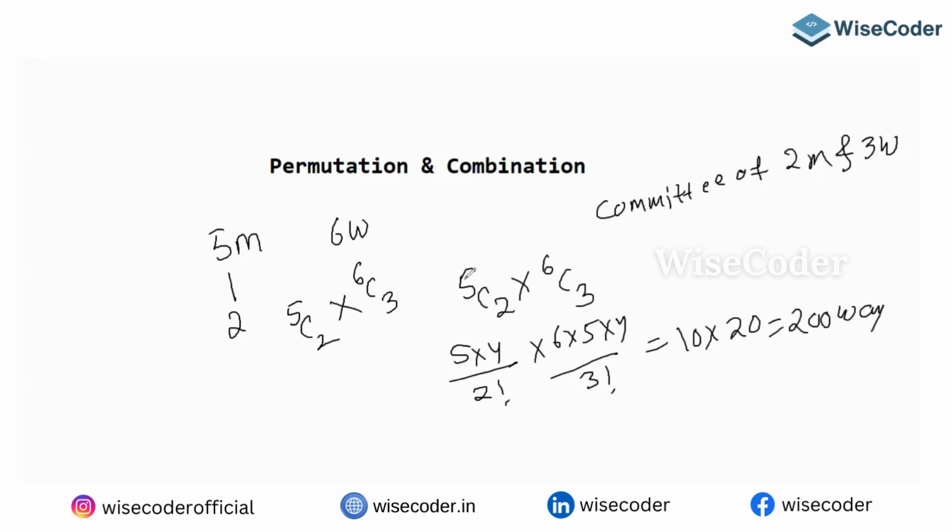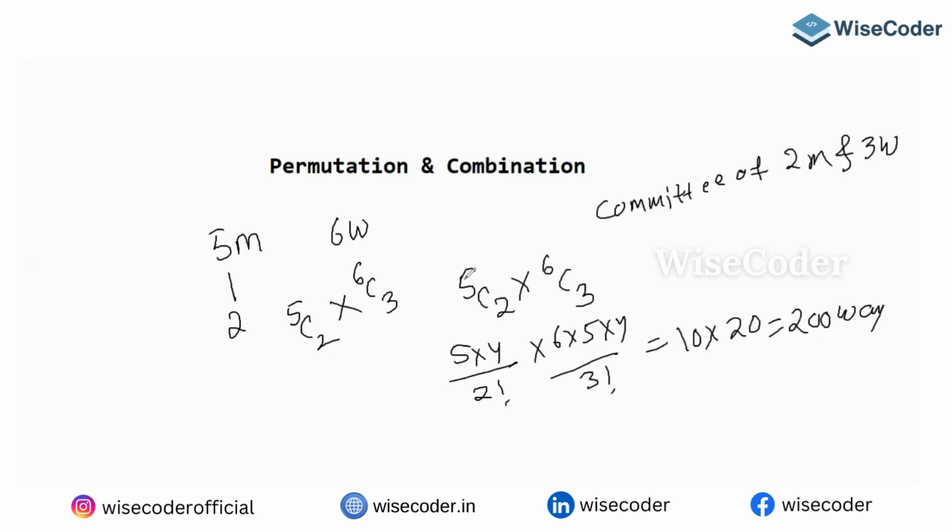Okay, 200 ways, a very simple one. Out of 5 men select 2 men, out of 6 women select 3 women, because I want a committee of 5. So 5C2 into 6C3. Calculate that, you will get your answer. This is all about selecting a number of men and women.